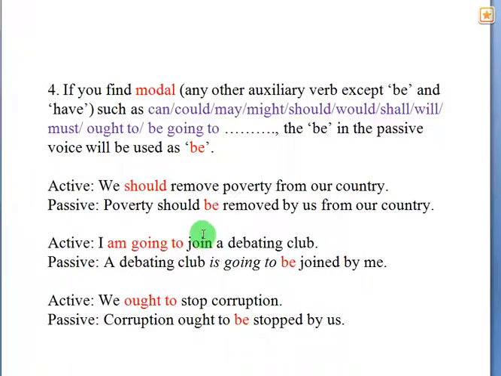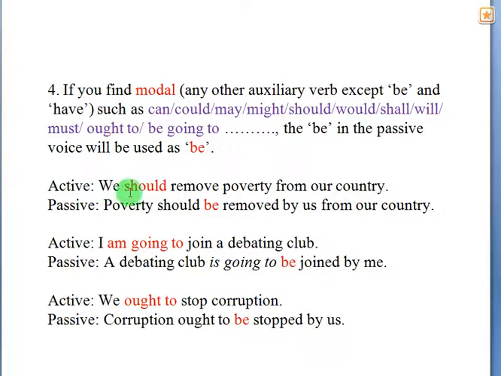Next, if we find a modal: can, could, may, might, should, would, must, shall, will, be going to, ought to. That means any other auxiliary verb rather than be verb and have verb, then we will have to use the be verb as be. We will have to use the base form of be.